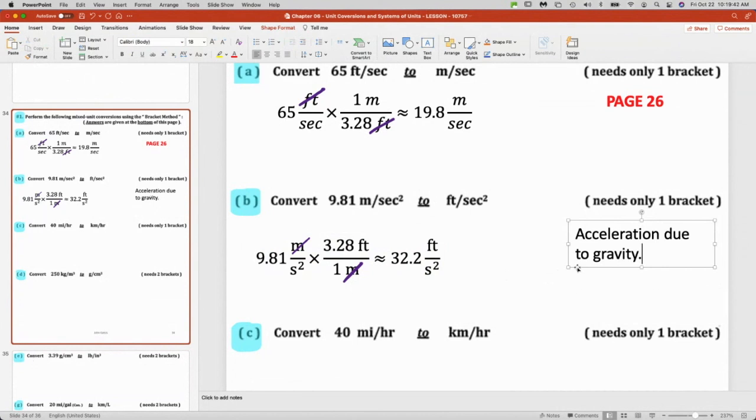So this number is very famous. 9.81 meters per second squared, or equivalently, in the imperial system, 32.2 feet per second squared, is a very famous quantity and represents a constant that's used often in physics, which is the acceleration due to the gravity of the Earth. And so if you throw something in the air, it will accelerate downwards at that rate. Whether you want to use metric or imperial, it still has the same strength.